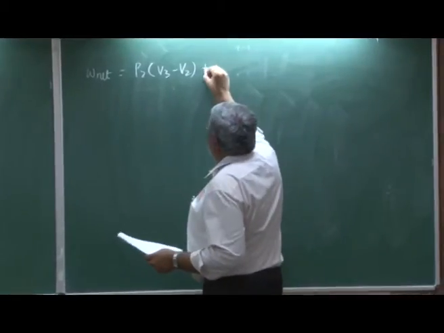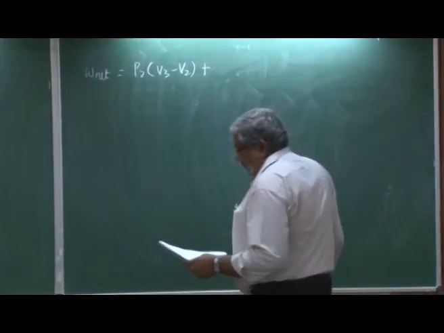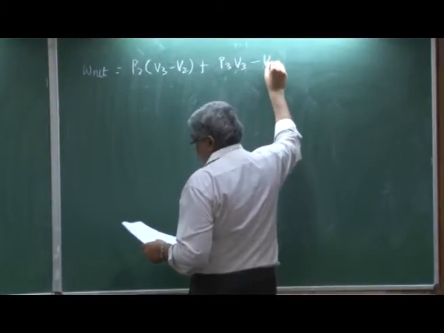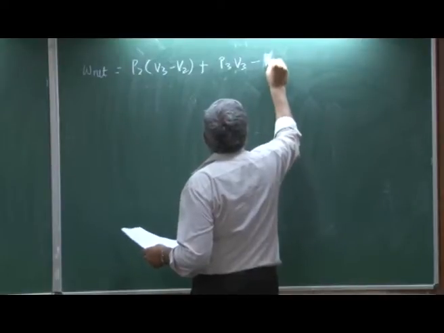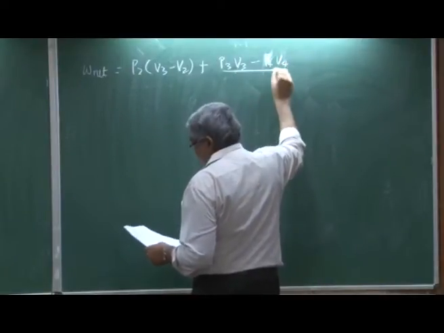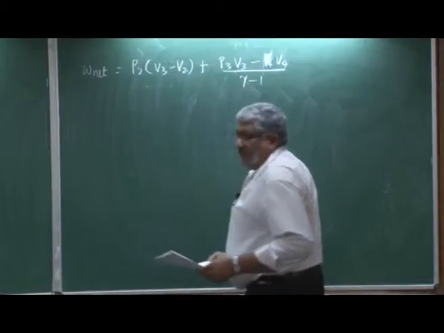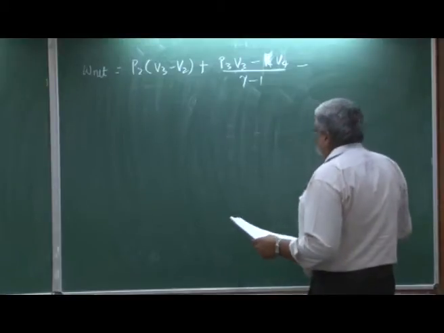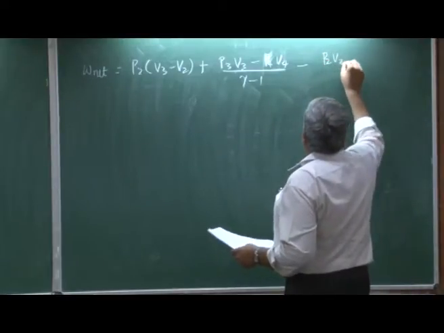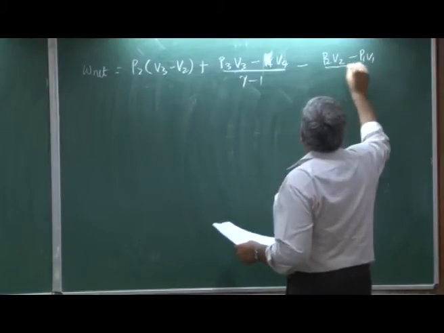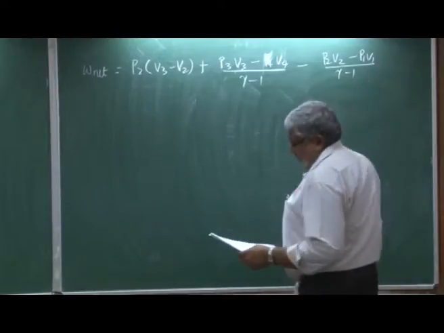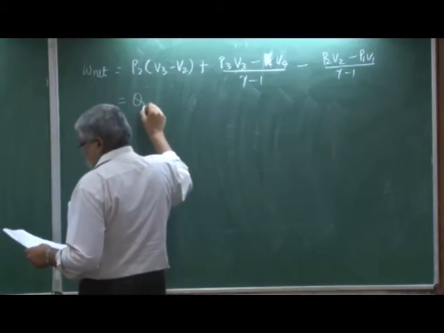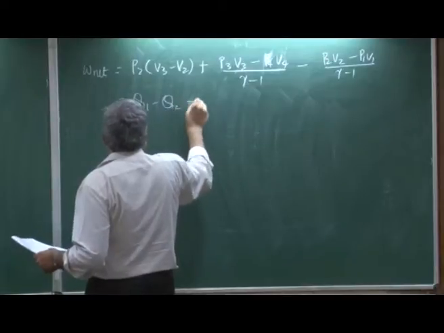And add that to the area below 3-4, which is (P3 V3 minus P4 V4) divided by gamma minus 1, minus the area below process 1-2, which is (P2 V2 minus P1 V1) upon gamma minus 1. You can also write this W net as Q1 minus Q2, right?